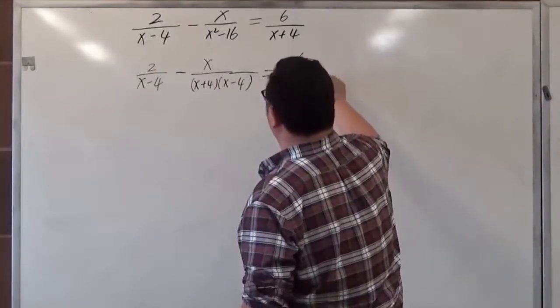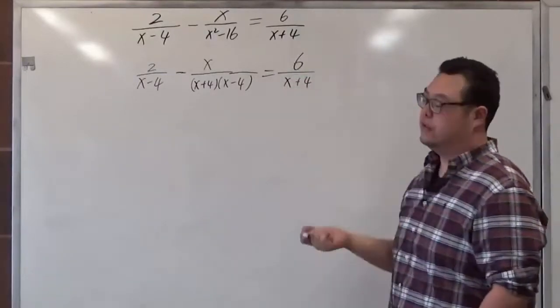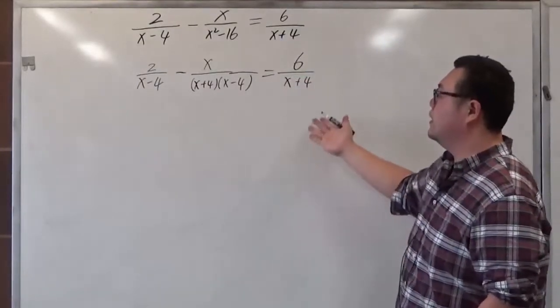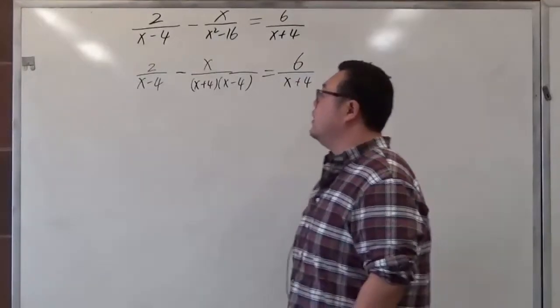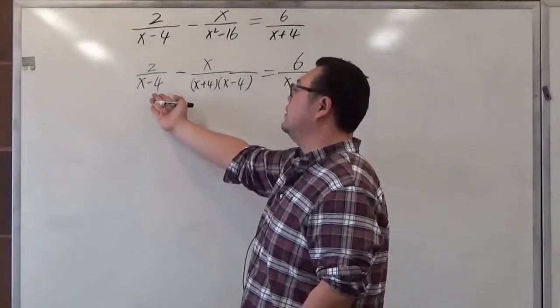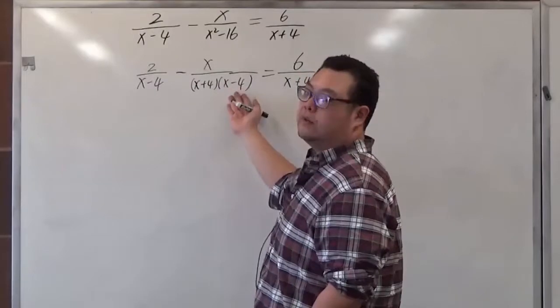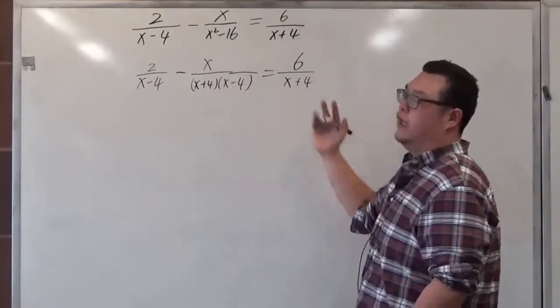And the term after the equal sign, we just copy down as is. So here we have the denominators x minus 4, x plus 4 times x minus 4, and x plus 4.